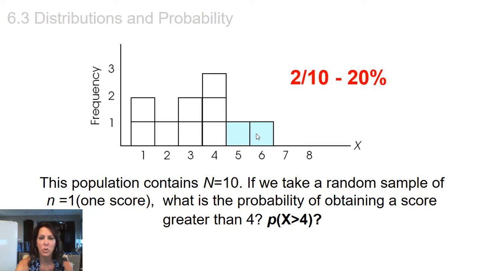We had two boxes, 2 scores. How many scores did we have altogether? We just have to add up all the boxes. 1, 2, 3, 4, 5, 6, 7, 8, 9, 10. So we have 2 scores that were greater than 4 divided by the total possible of the scores, and that gave us a probability of 0.20, which can be written as 2 out of 10 and can be interpreted as a 20% chance of choosing a score that is higher than 4.